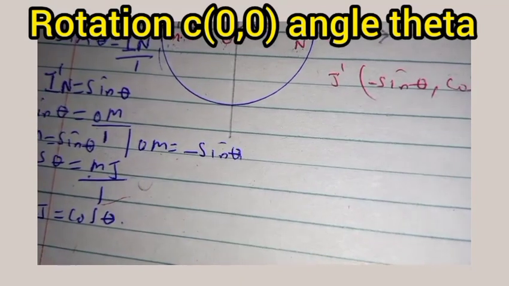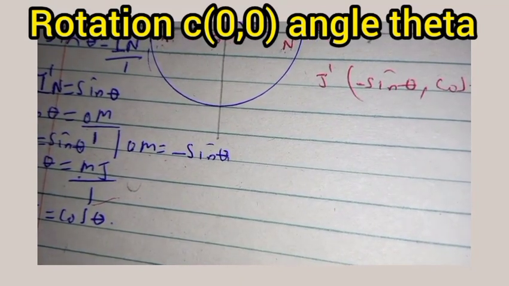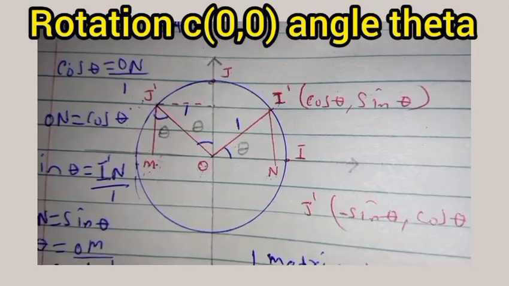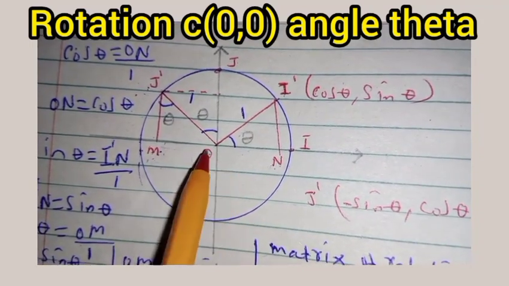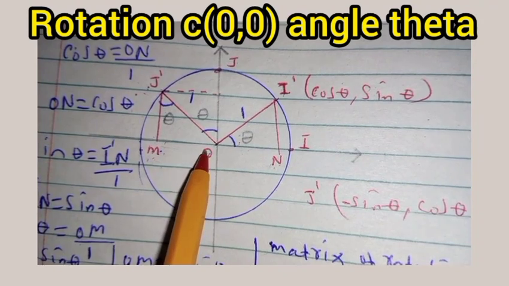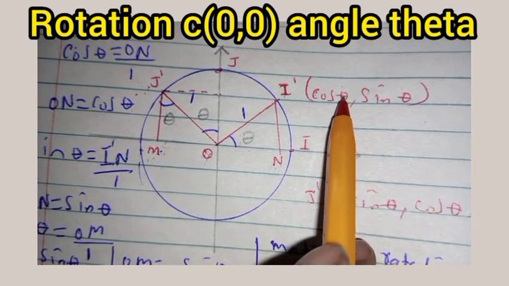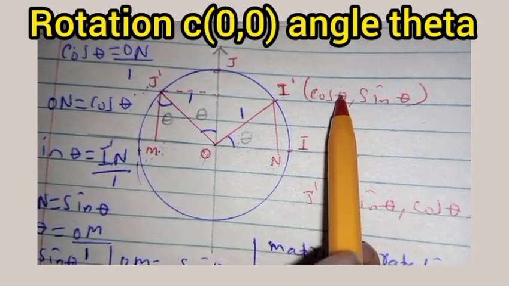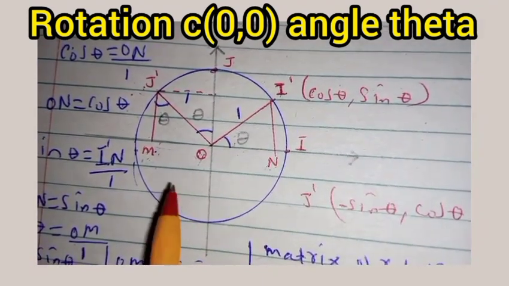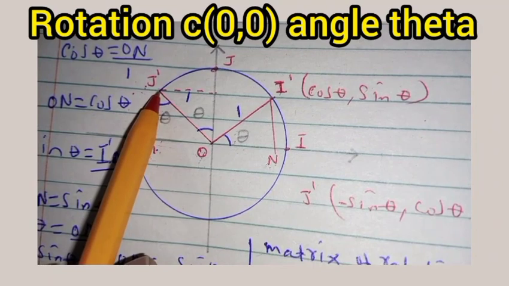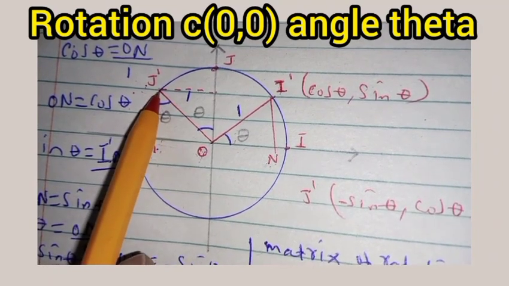Now the matrix of rotation. The matrix of rotation of angle theta center 0, 0 will be given by the first one, which we obtained as cos theta, sine theta, together with this other one which we obtained as negative sine theta and cos theta.